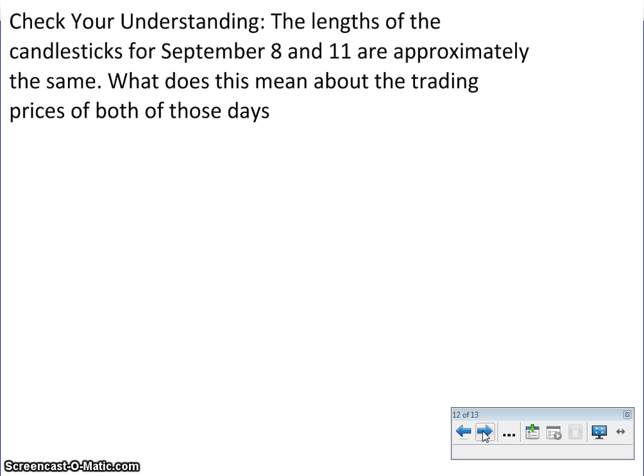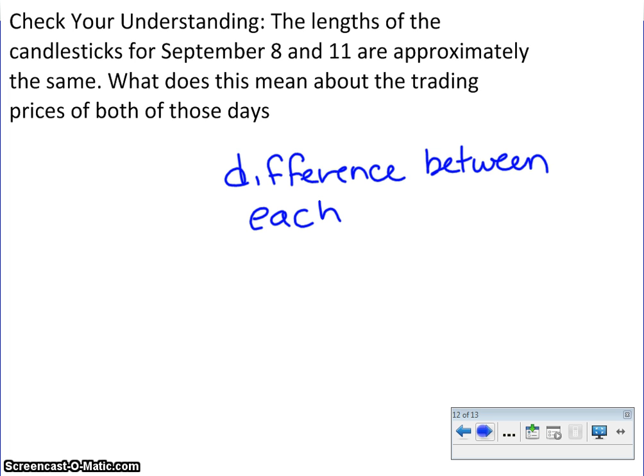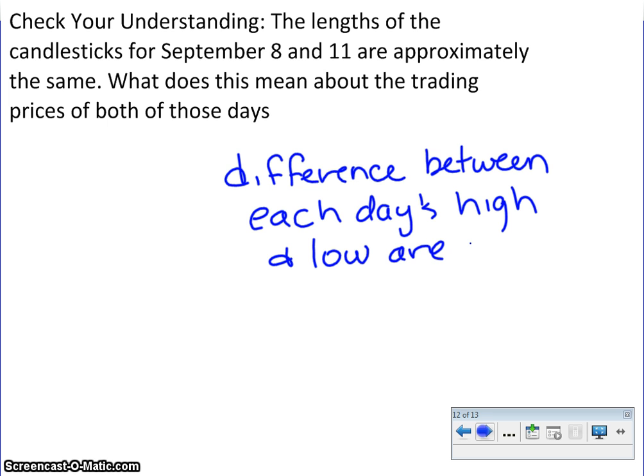Okay, so basically what it means is the difference between each day's high and low is about the same.